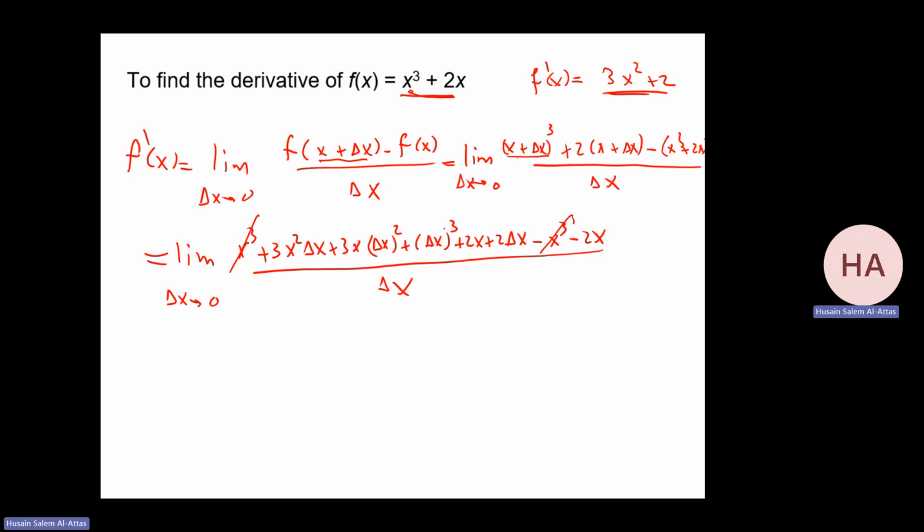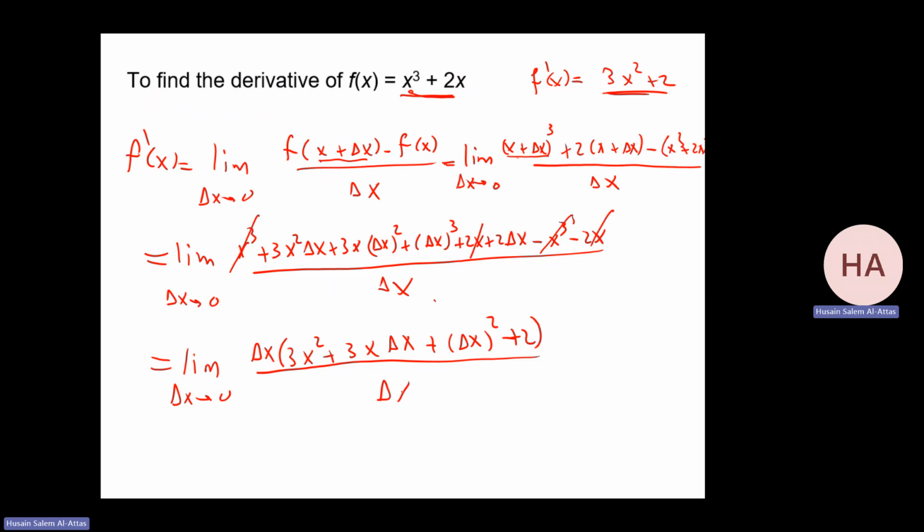This cancels and this cancels. So I can take delta x as a common factor: I have 3x squared plus 3x delta x plus delta x squared plus 2, over delta x. This cancels. Now, as delta x goes to 0, this goes to 0, and this one goes to 0. The remaining terms are not related to delta x. So that will be 3x squared plus 2, which is the same answer.